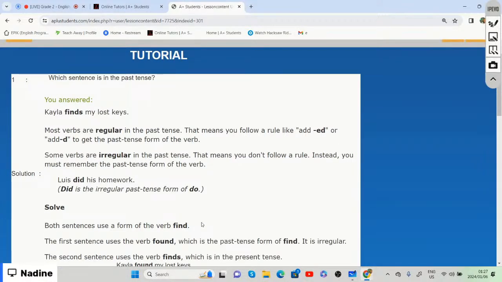And we see that most verbs are regular in the past tense, which means that they follow a specific rule by adding D or ED to show the form of the verb. However, some of the other verbs are irregular in the past tense, which means that they don't follow any rule. Instead, you're just going to have to remember the past tense form of the verb.